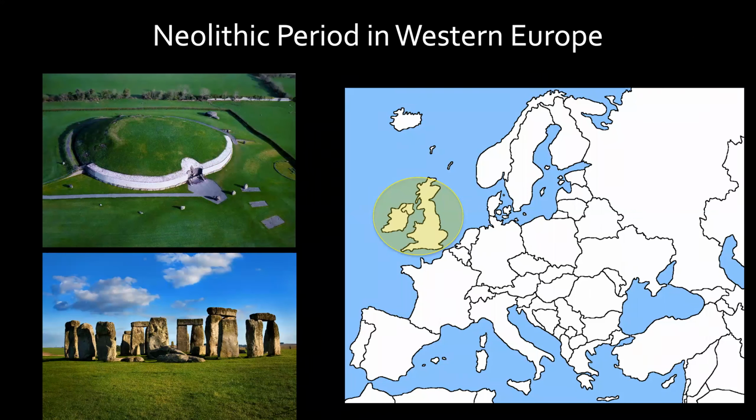Now, for the Neolithic period, we looked at Çatalhöyük, which is in modern-day Turkey, and the architecture we see there is very different than the architecture we see in Western Europe. Remember, Çatalhöyük was really a community-based structure. There were shared walls. It was mostly residential.